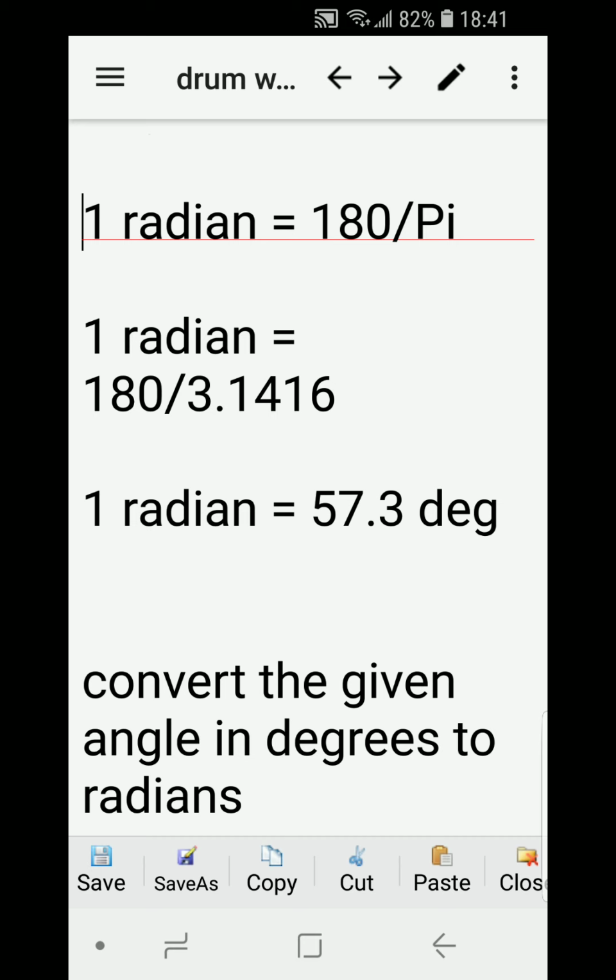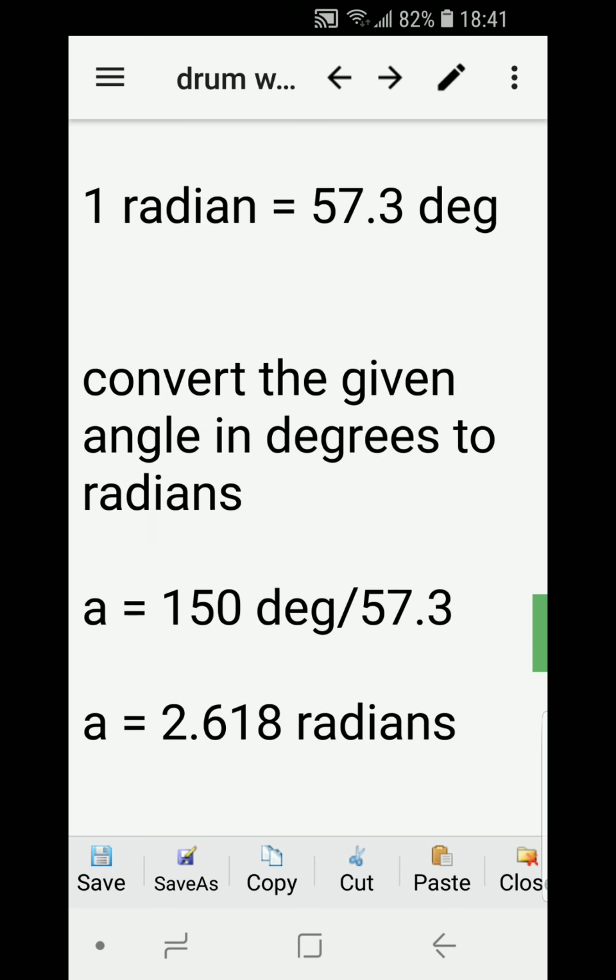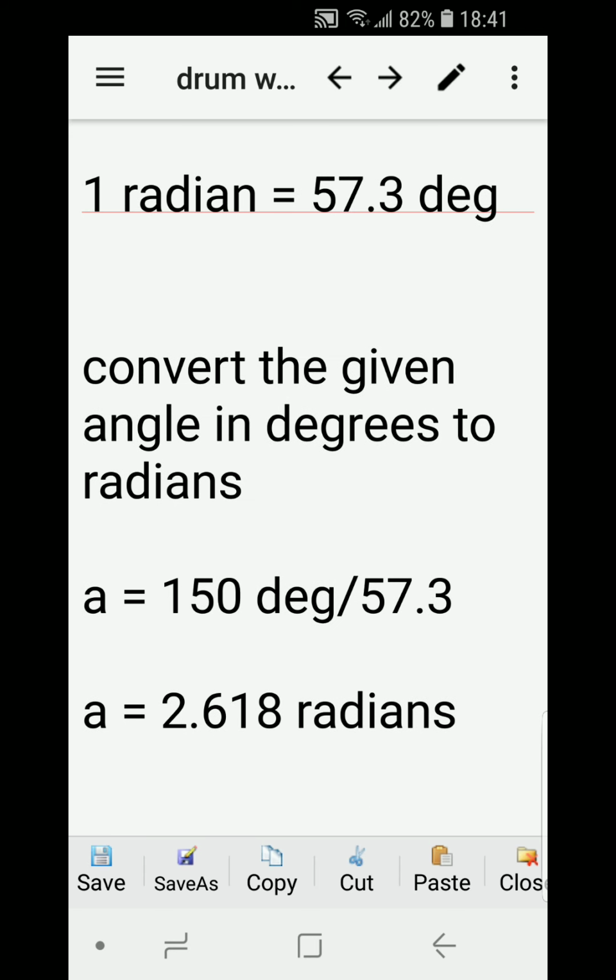Now that we know the conversion factor for radians to degrees, we need to convert the given angle of contact in degrees to radians. So we are given a 150 degree angle of contact.